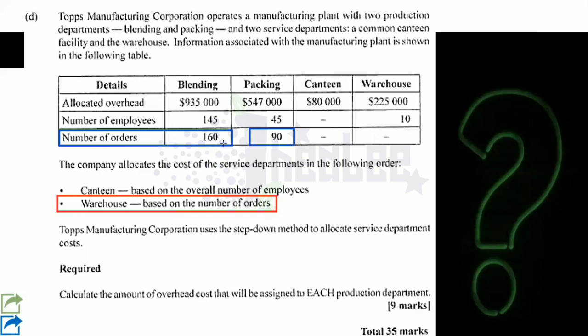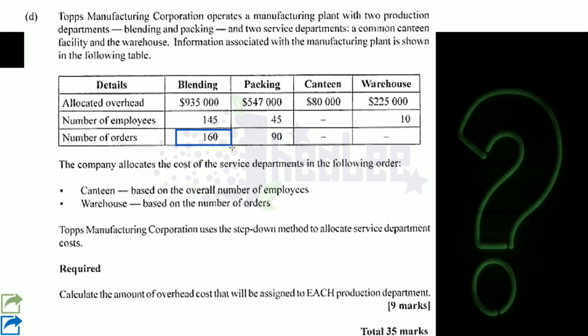Again, these figures will serve as the numerator for each center, and the total, which is the 160 plus the 90, which gives us 250, will be the denominator in generating the fraction that will be used to allocate the cost to the departments.